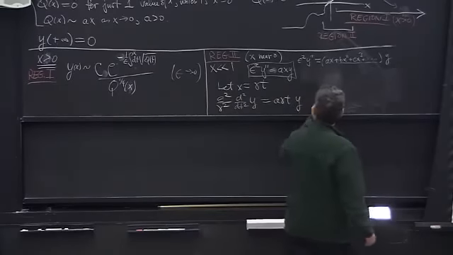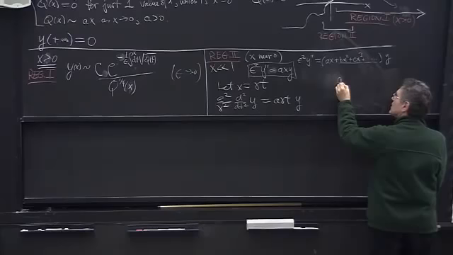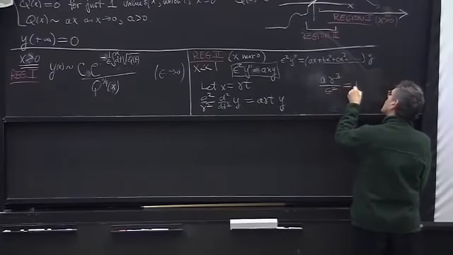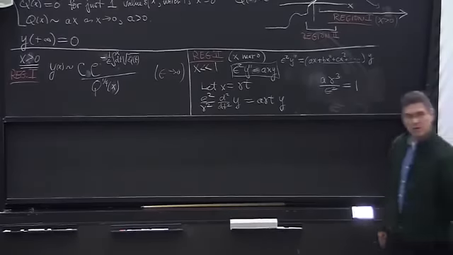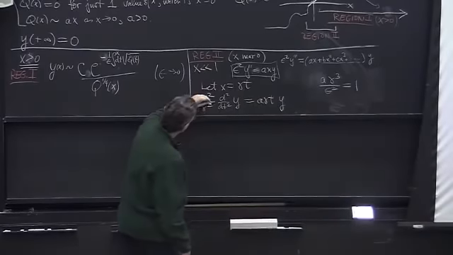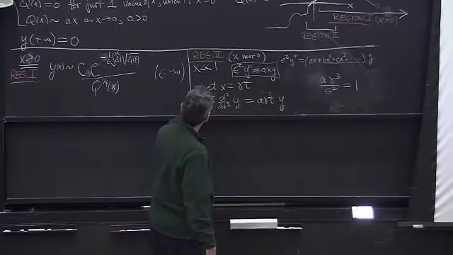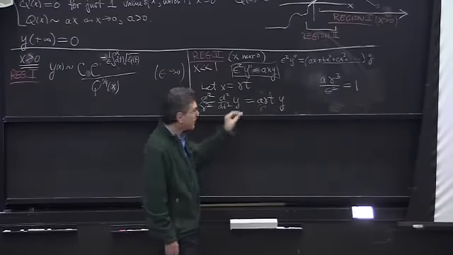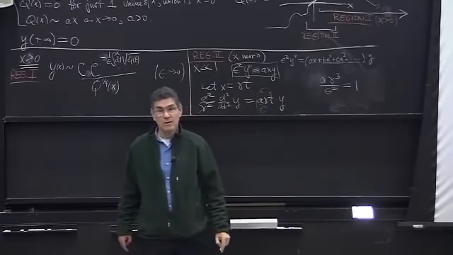So what I would like to require is that a times gamma cubed over epsilon squared is 1. If I multiply this by gamma squared, I get a gamma cubed here. If I divide by epsilon squared, I have an epsilon squared here. And I would like to require this to be 1.